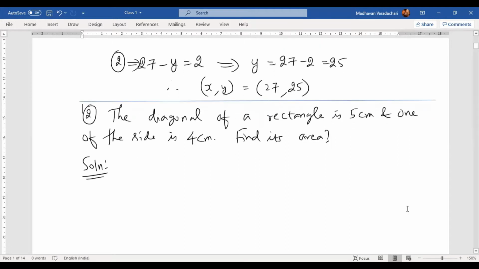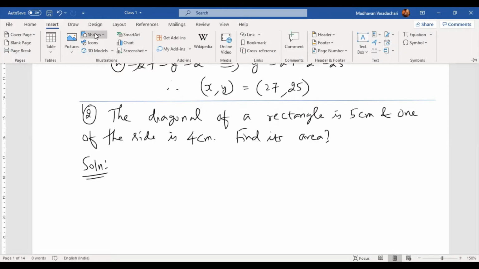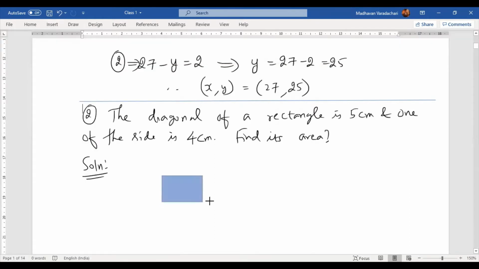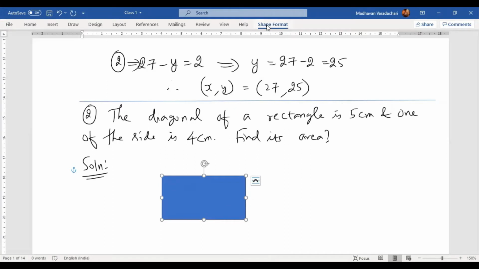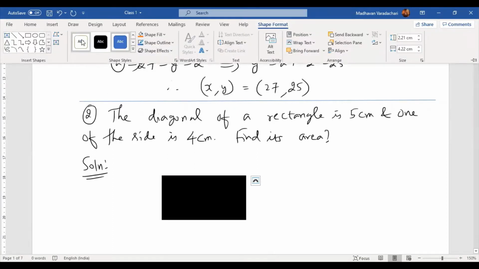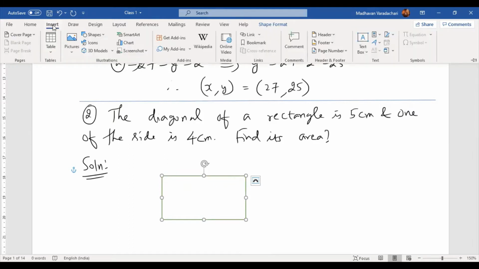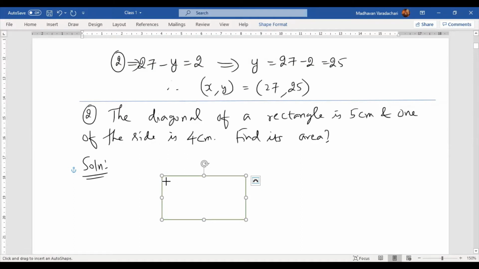The question talks about the diagonal of a rectangle, right? So I have just drawn a rectangle and then I'm going to make a diagonal for it.